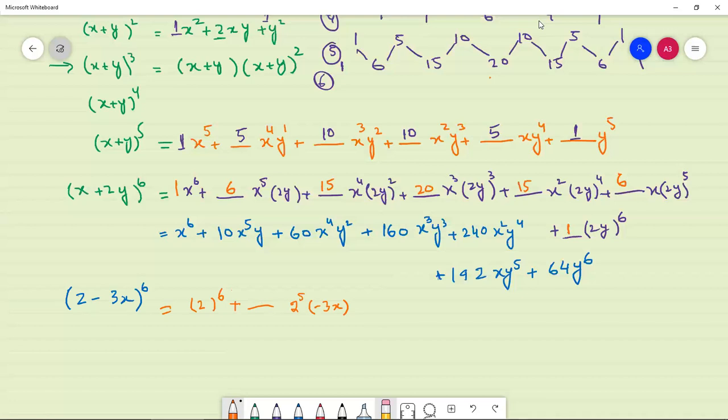So plus, leave a space for coefficient and 2 power 4, and then minus 3x power 2, plus, leave a space for coefficient, 2 power 3 and minus 3x power 3. So in this way, and so on, you can find the other terms of the sequence. How can you put the coefficient of the sequence? By using Pascal triangle. And I tell you how to make a Pascal triangle.